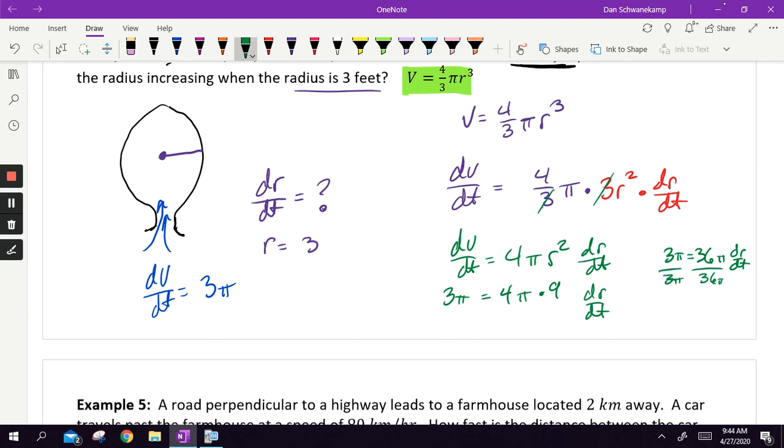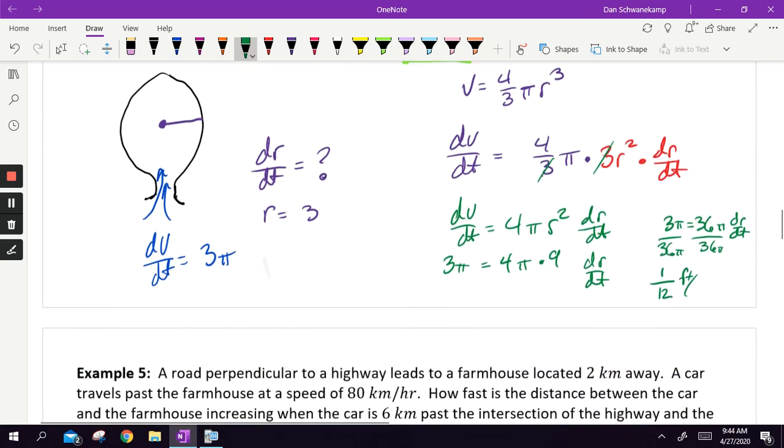You get the idea. 3 pi over 36 pi, and I divide that, I get 1/12. That would be feet per time unit. What's my time unit again? Feet per minute. That is the change in radius over time.